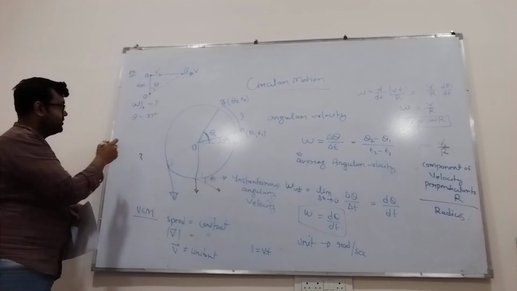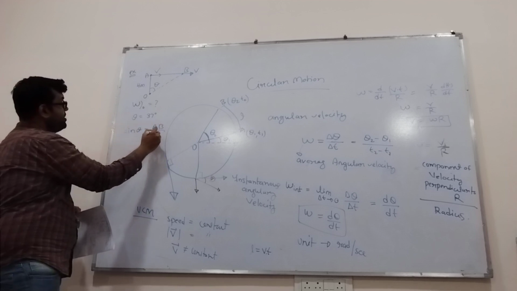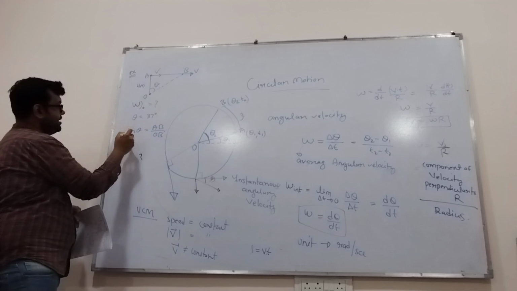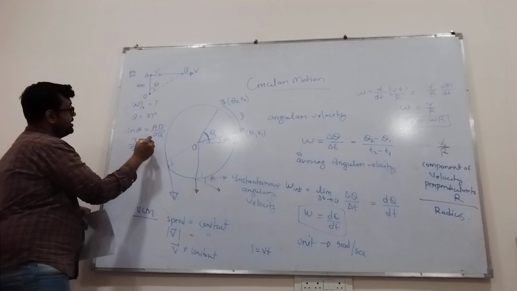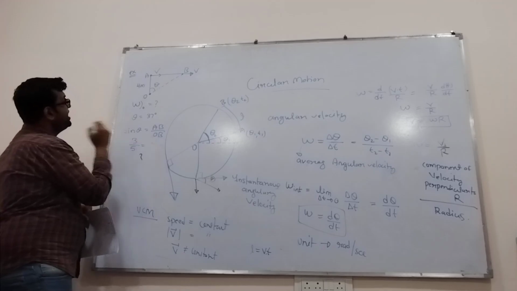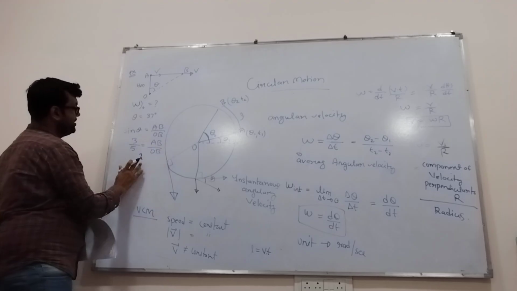That is sin theta, sin theta is AB upon OB. Sin 37 is nothing but 3/5. And we have to find out the AB and also the OB.